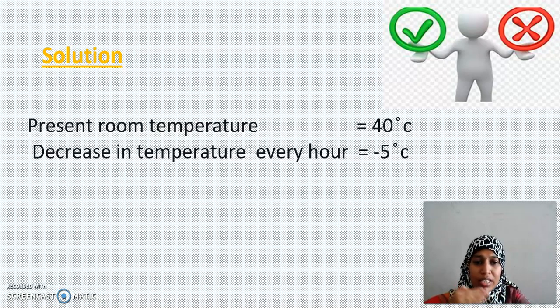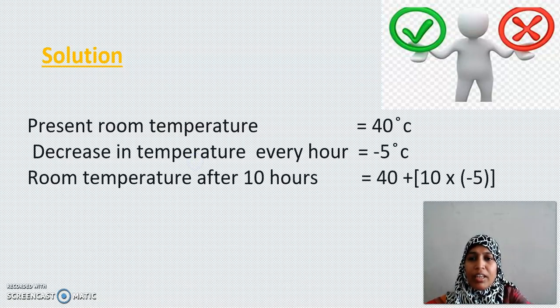As it is decreasing, that temperature I have noted as minus 5 degrees centigrade. Now we have to calculate it after 10 hours. So for 1 hour 5 degrees centigrade is reducing.